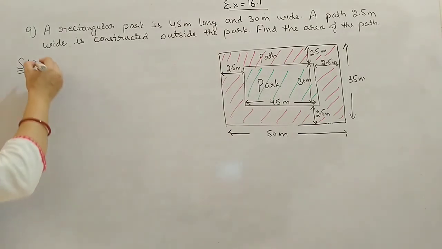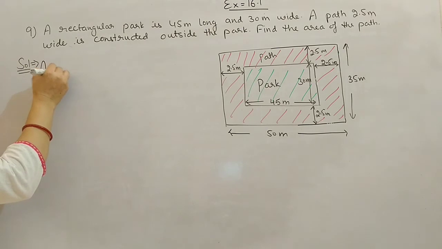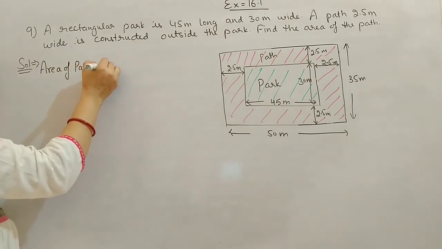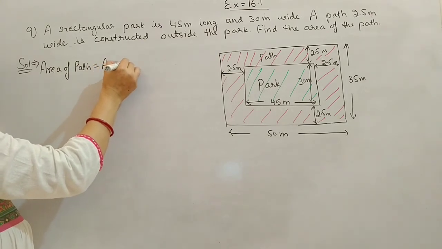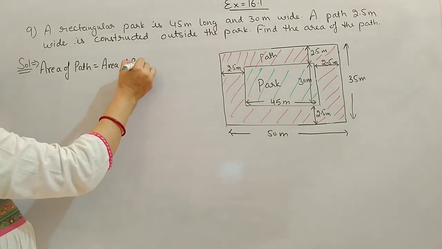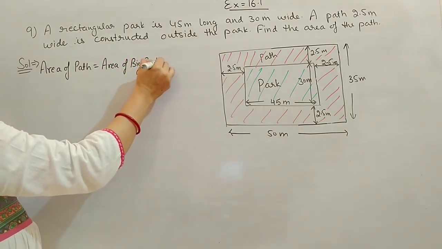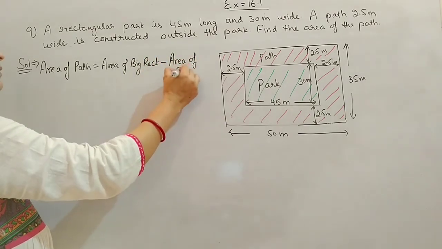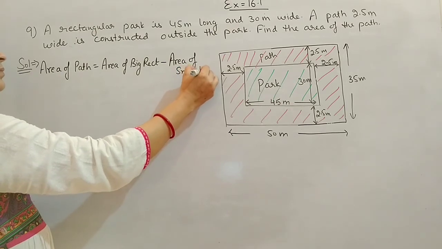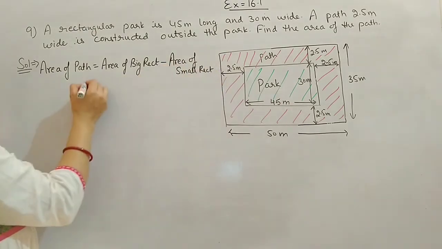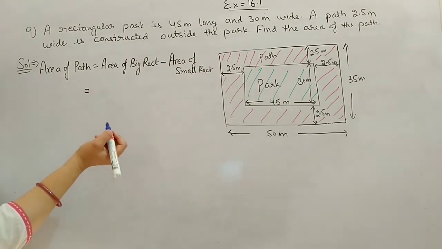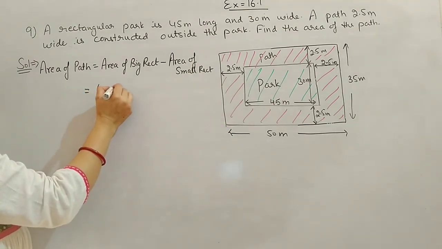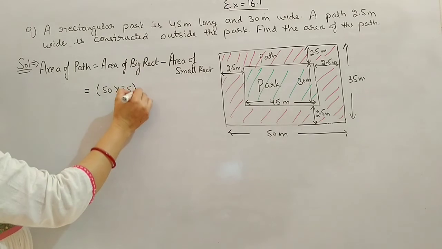Now, the area of path is equal to area of big rectangle minus area of small rectangle. And area of big rectangle means length into breadth. So length is here 50 meter and breadth is 35 meter.